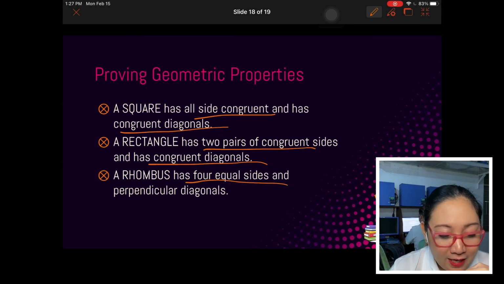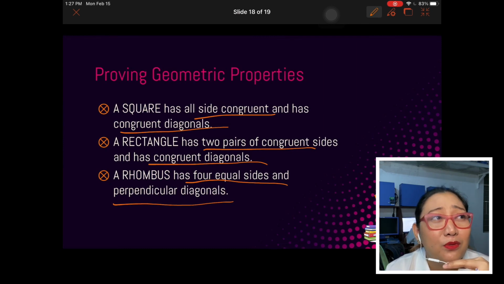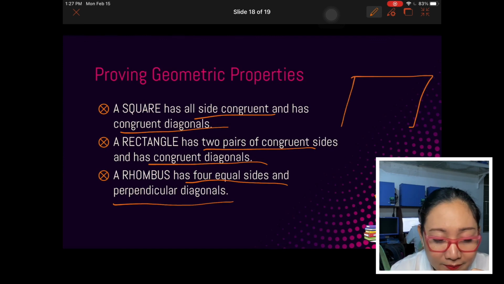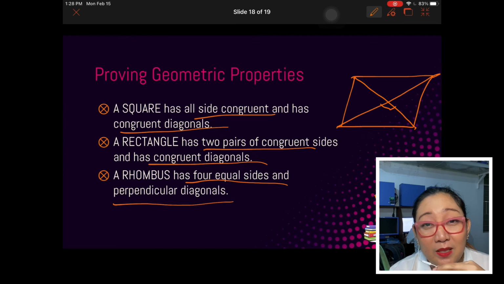And then, of course, your last one is your rhombus. Your rhombus has 4 equal sides and then perpendicular diagonals. Paano namin mapuprove na perpendicular yung diagonals? I'll give you a technique. Diba ganito yung itsura ng rhombus? Tapos, diagonals niya, perpendicular. Kapag perpendicular, ibig sabihin it makes right angles with each other.